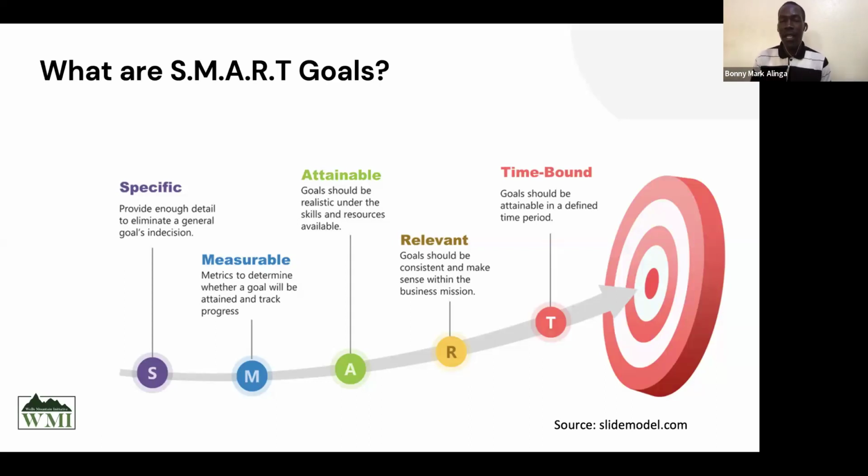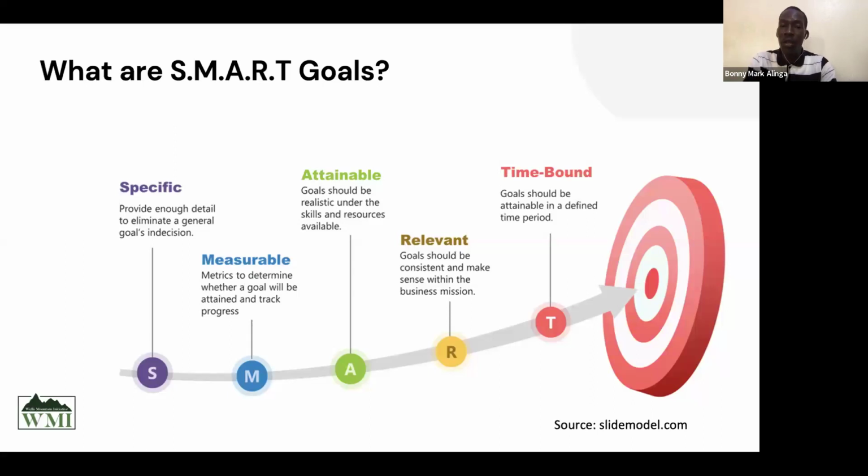So measurability is very key, and attainability that comes with the letter A. Goals have to be realistic, given the skills and resources that are available for your entity, for your project, for whatever initiative that you are bringing forth. Might be your NGO, might be your business, might be a one-time event, but it has to be attainable.